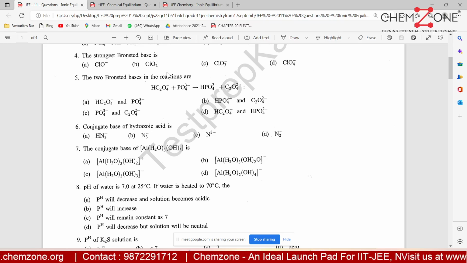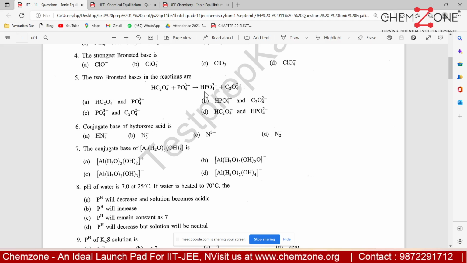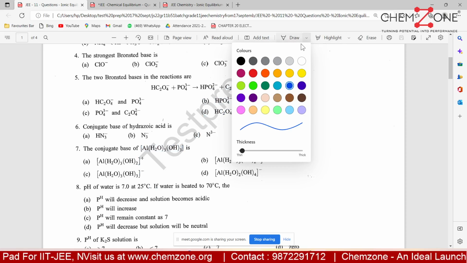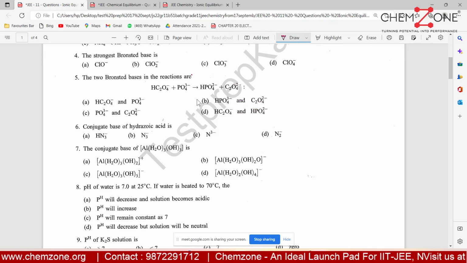Two Bronsted bases in this reaction are HC2O4 minus and HPO4. This and this, right? Yes, sir. It means this B option.